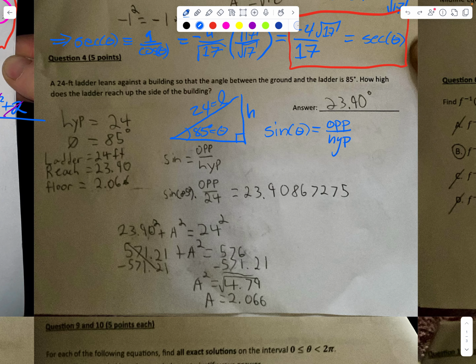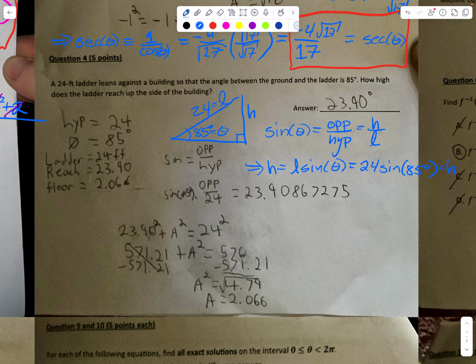This would be H, and then I called the hypotenuse L, right? We're solving for H, so multiply both sides by L. H is L sine of theta. And here, for this particular problem, L is 24, and theta is 85 degrees. And this is what H is.